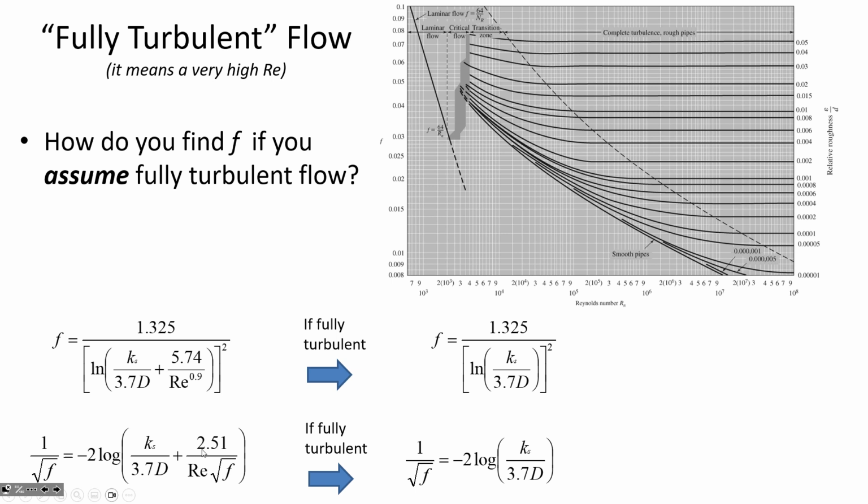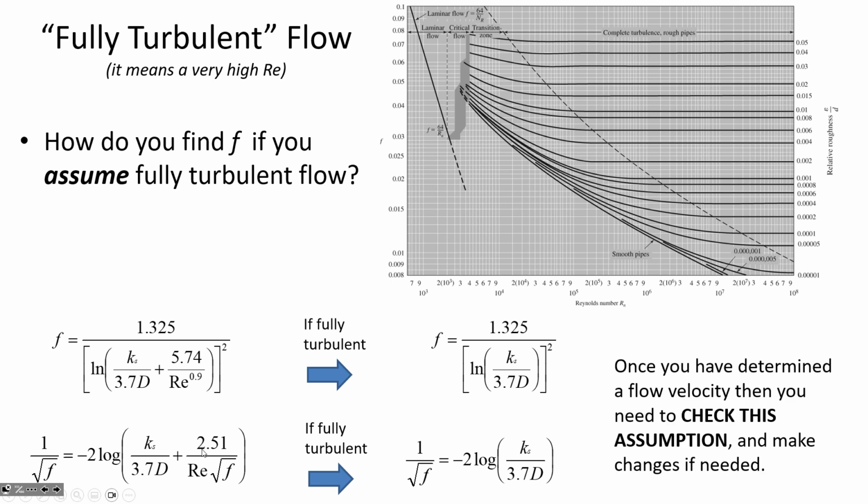And this assumption is one that we're going to apply today when we don't yet know the velocity through a pipe. So we'll begin by estimating the f value according to the fully turbulent flow assumption. And then remember that once you've applied that assumption, you need to check it, because sometimes it'll be true that the velocity is really high and that f value only depends on the relative roughness.